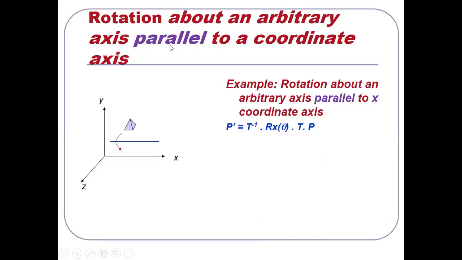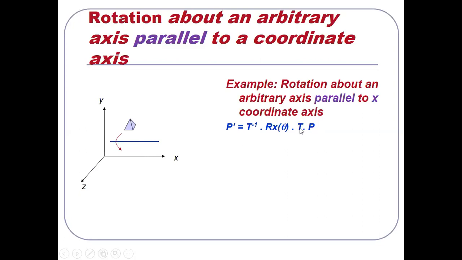Rotation about an arbitrary axis parallel to a coordinate axis. The triangle is your object, and this blue line is your arbitrary axis. As you can see here, the blue line is parallel to the x-axis. So all you need to do is come from the reverse for all the points.